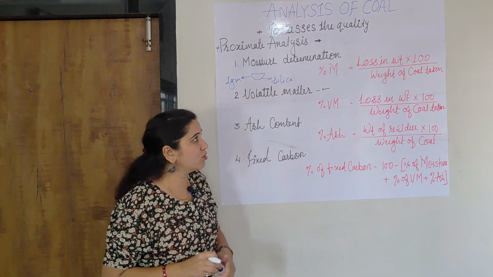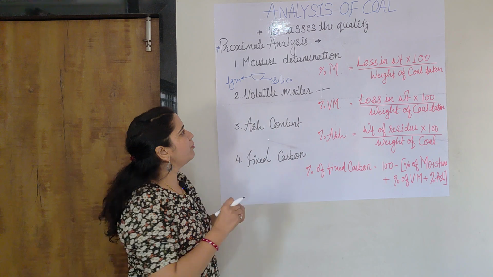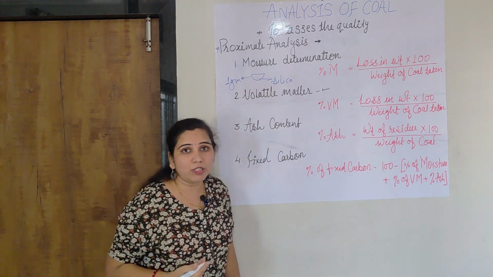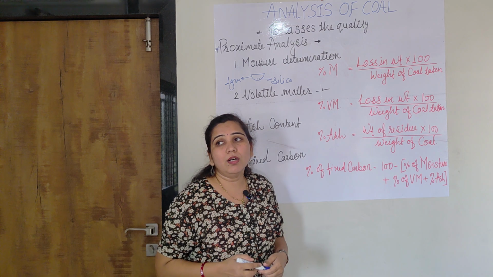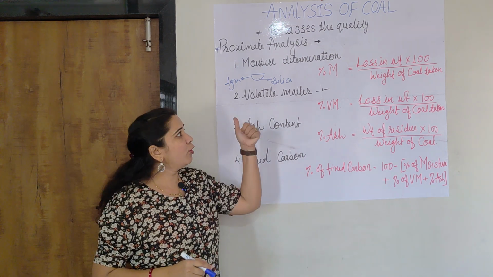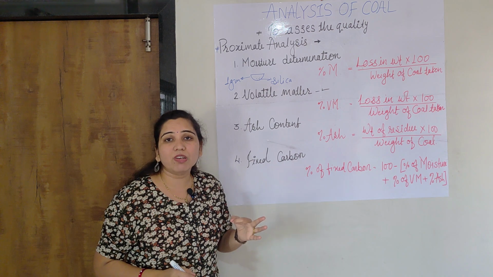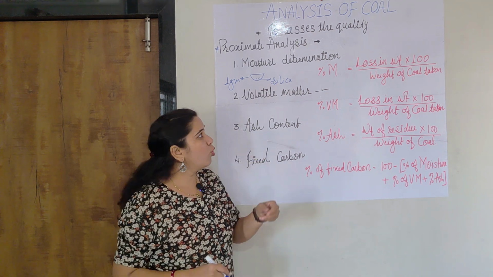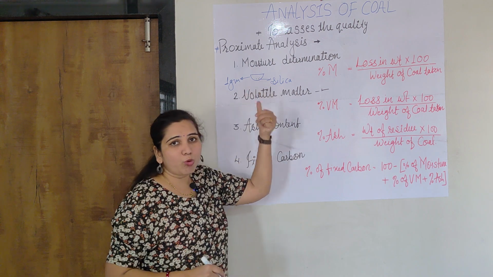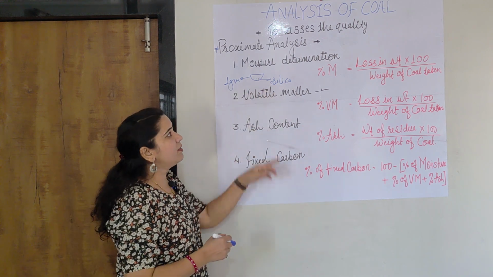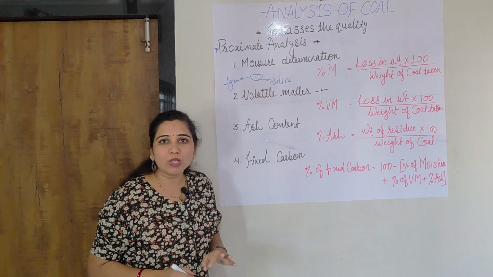Before that, the weight of the silica crucible must be taken properly, and the weight of the coal is required for getting proper results. So 1 gram of coal sample is weighed and taken in the silica crucible.